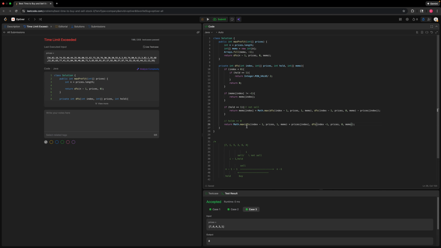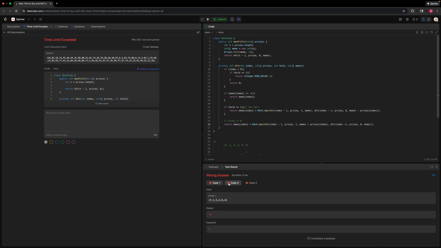Okay, so this one returns after we compute and store the memory. Okay, we can do this. Oops. Memory. Why? Okay.